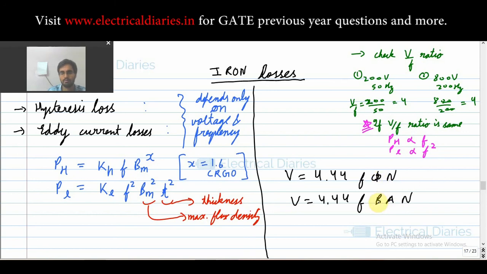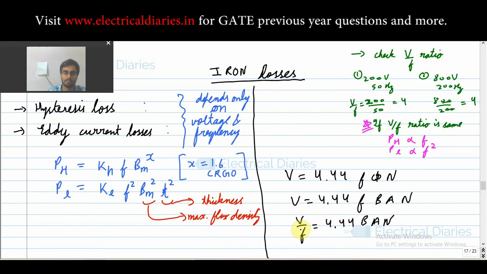Magnetic flux density is phi by A, so phi will be B into A. So here your V by f is 4.44 B A N, so your V by f is a constant.